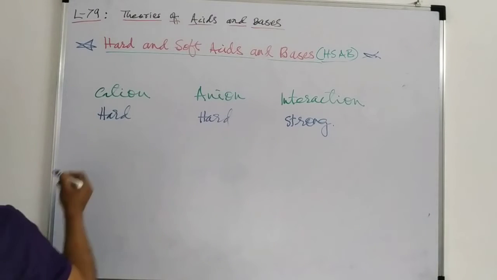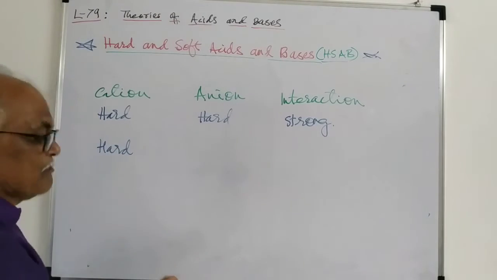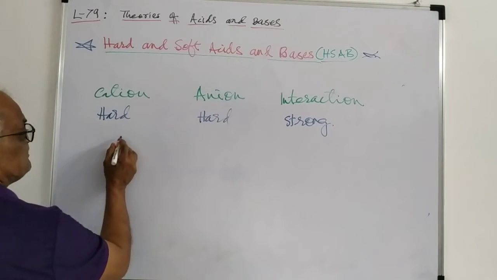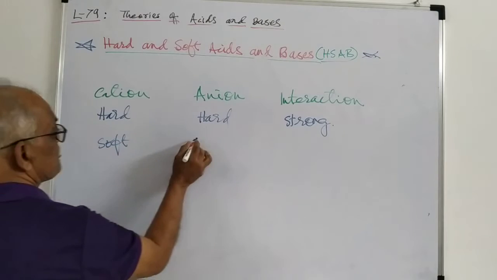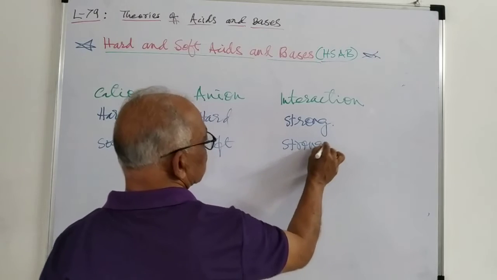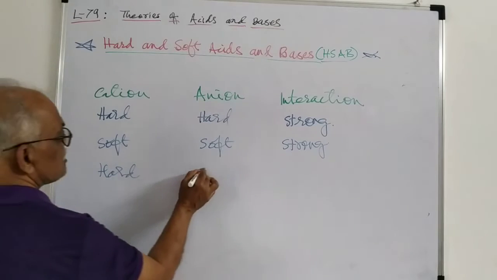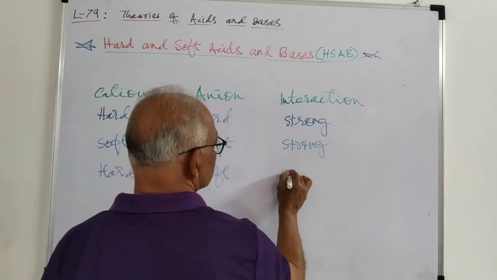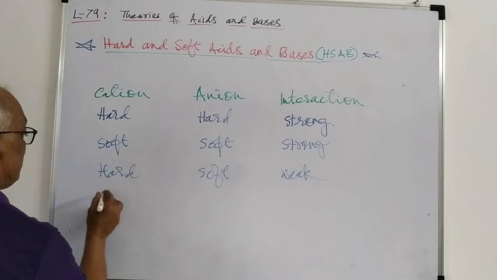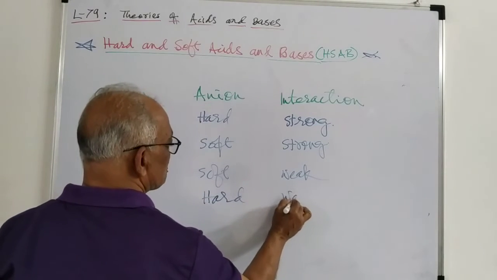Similarly, if we take the same kind of species, soft with soft, then also the interaction is strong. When one of the species is hard and the other is soft, then the interaction is weak, or in other words, when this is soft and this is hard, the interaction is also weak.